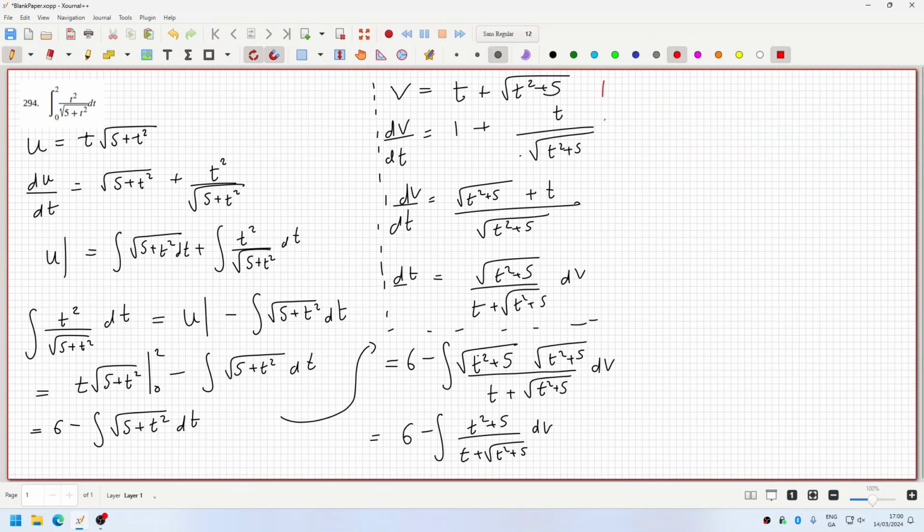So that integration is 6 minus the integration of t squared plus 5 over v dv. So I just got to do something about that t squared plus 5.